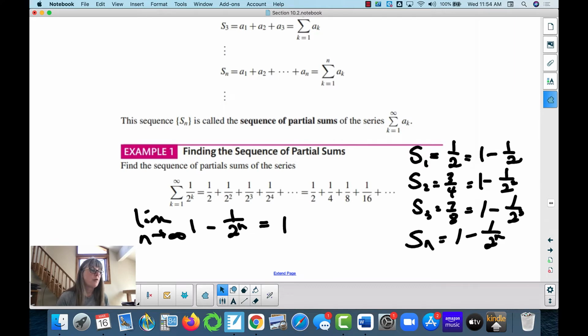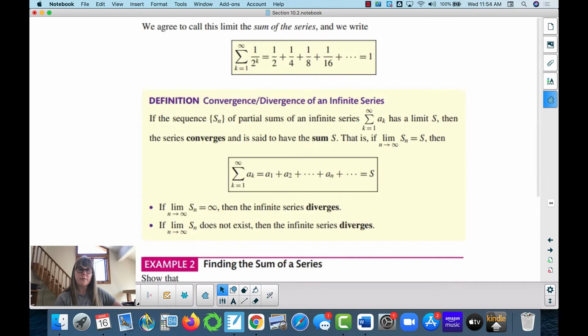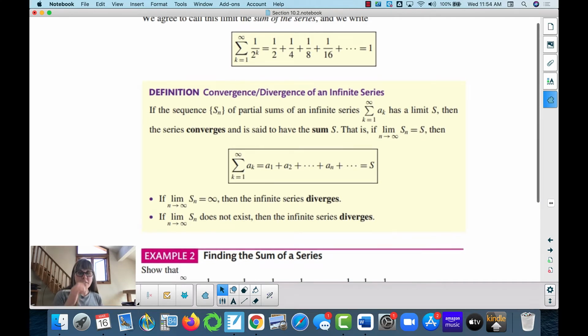And so then we know that our sequence of partial sums, that this series is going to converge to 1. So we say that this is the sum of the series, that's the limit, that if we kept adding the numbers in the series forever, we would eventually get to 1. So our series converges and the sum is equal to 1.